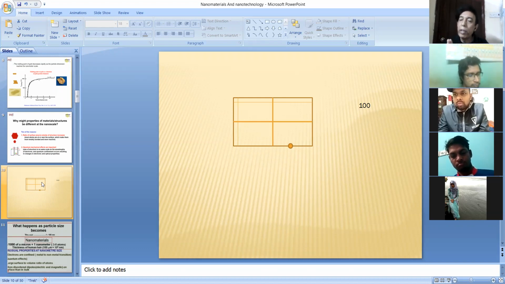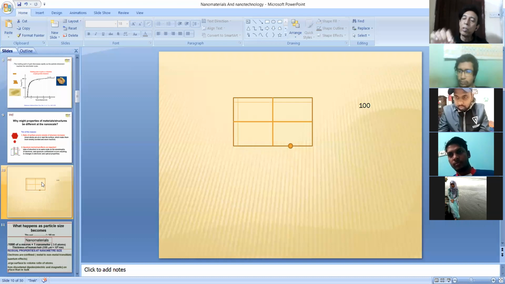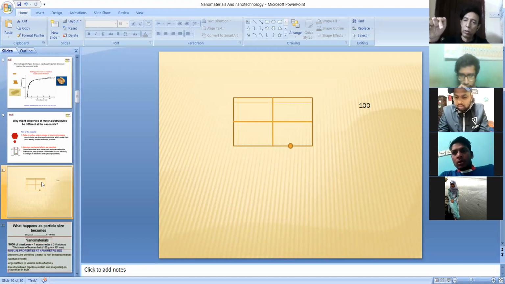Then you will find 3 to 4 water molecules. That is not continuous. You can count that there are 1, 2, 3, 4, 5 water molecules in nano.